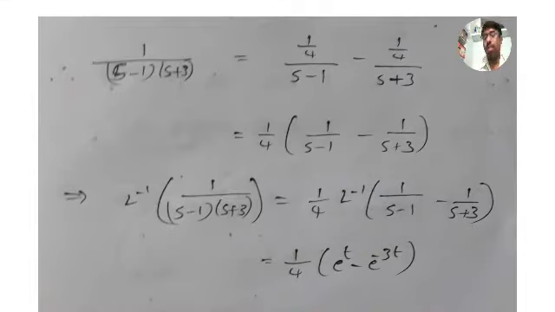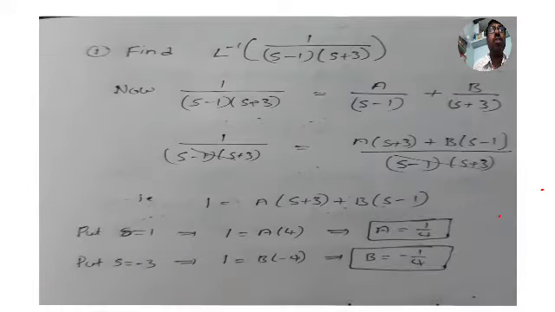This is our first problem. By using partial fractions you can find the inverse Laplace transform. The problem is somewhat lengthy, that's why I am covering it in 2 slides. This is the first slide where we find the A value and B value.